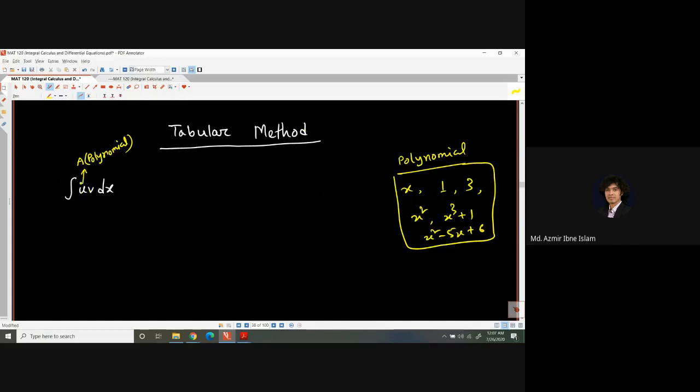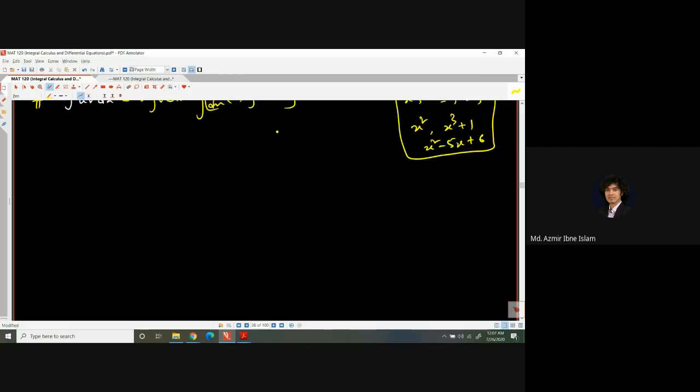So if we have the combination of a polynomial function and some other part, instead of applying the integration by parts technique, we can also solve the same integral by using the tabular method. So let's first discuss what the tabular method is.